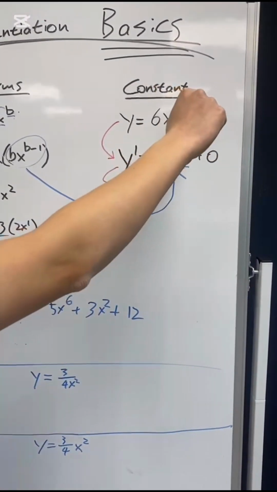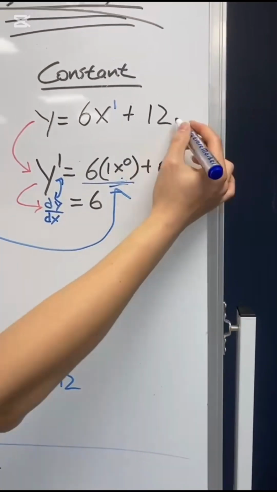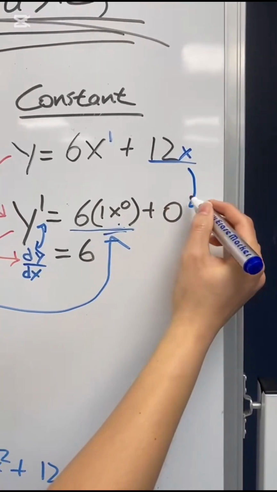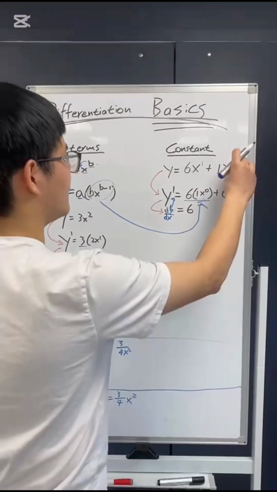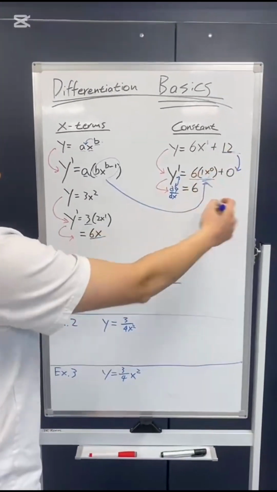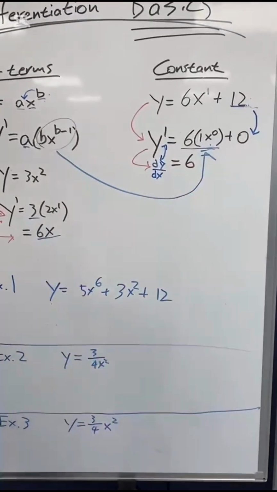However, for the constants, no matter what they are, as long as there aren't any x's in the term, it will just go to 0. So right here, since it is a 12 and not 12x, it will be a 0 in the differentiated equation.